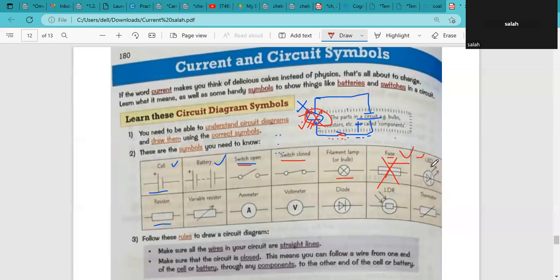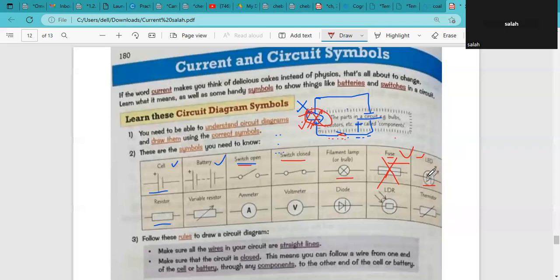Okay, LED, light emitting diode. Salah, all these things will come in detail. We will discuss in detail later when it will be used somewhere. Now I'm just giving a small introduction of the things. LED, light emitting diode.